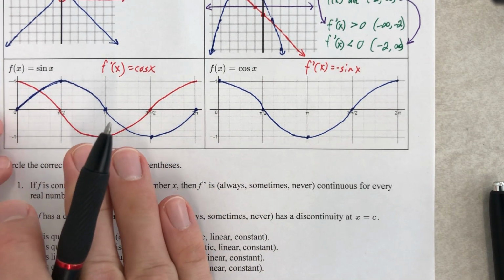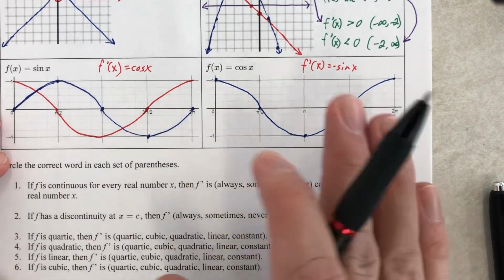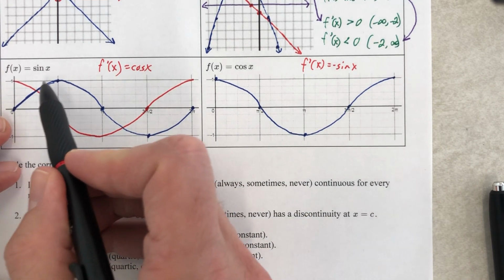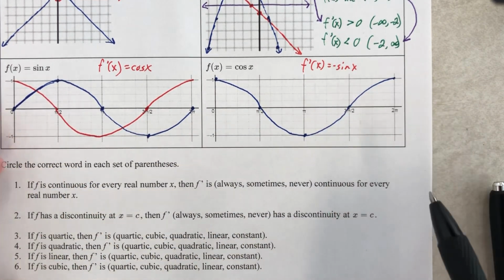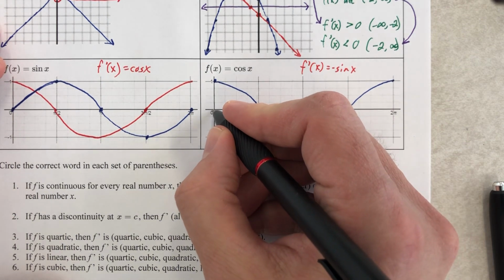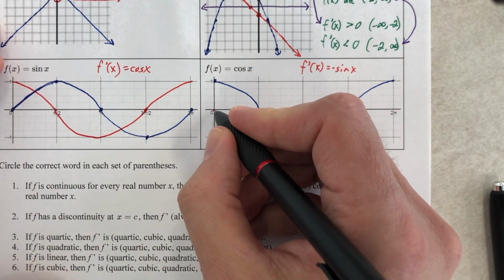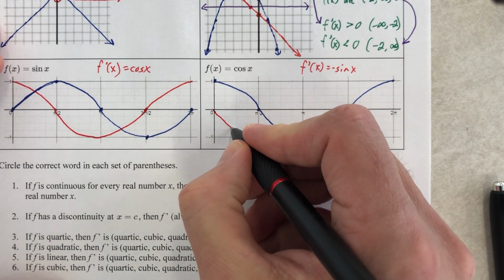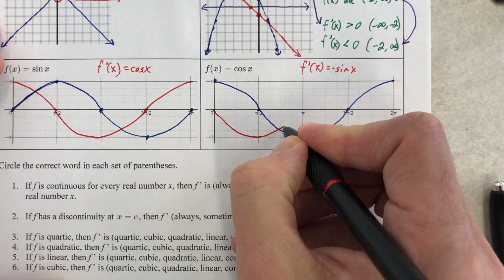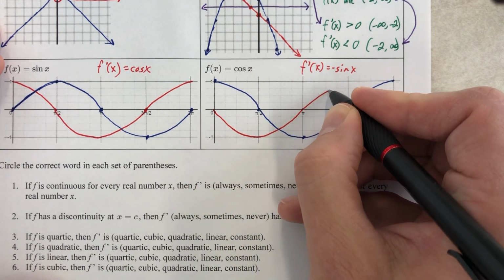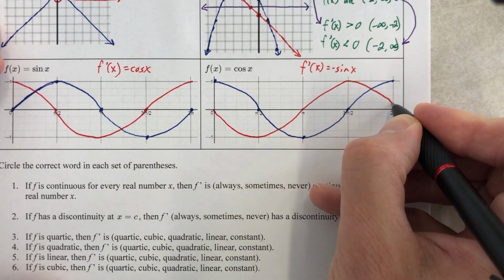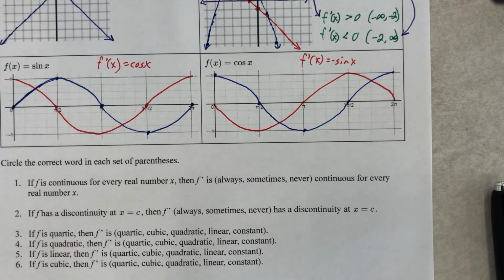This blue graph over here was the original function. Now it's the derivative, but it's negative. So everything that's going up then down is going to go down then up over here. So let's graph it, and then there we go. Let's talk about it.